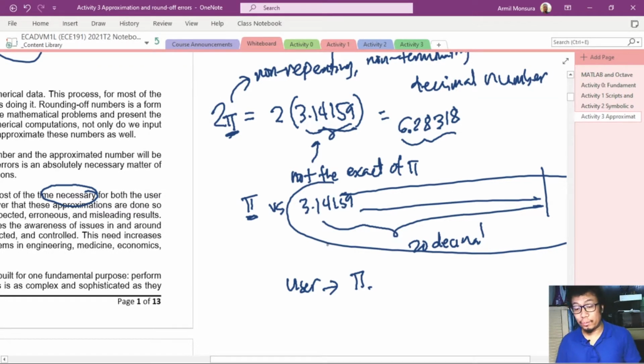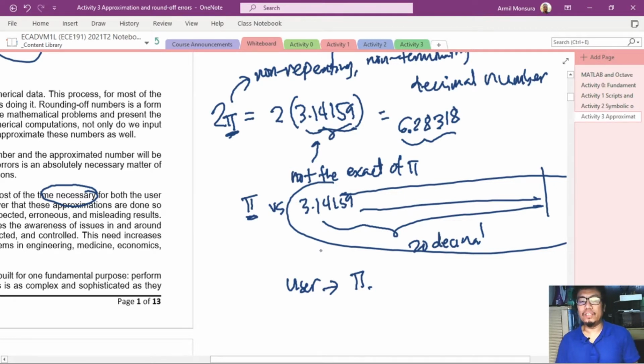A computer program can be used to generate 1,000 decimal places. I forgot what the record was, but there is a record number of decimal places that is known for pi. And again, that's just an approximate value, even though you use 100,000.